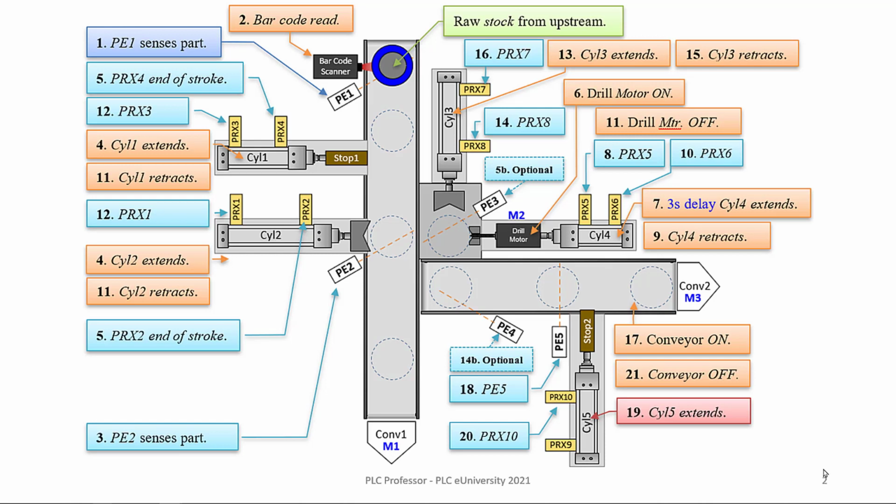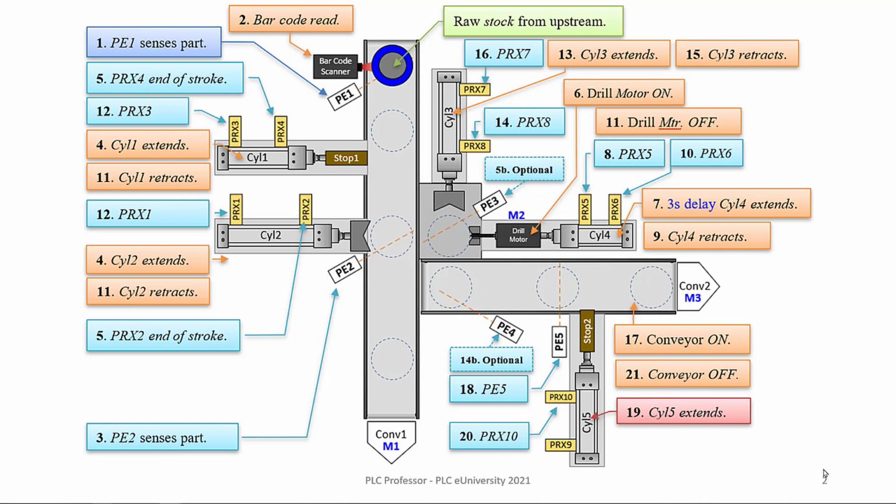And I have the proxies in there. So the inputs are more or less in cyan, bluish, and the outputs or the actions are more or less in orange. And then, of course, the final one is step 19, cylinder 5 extends.